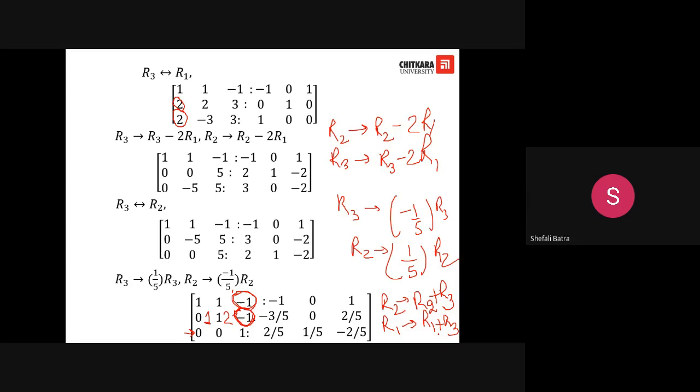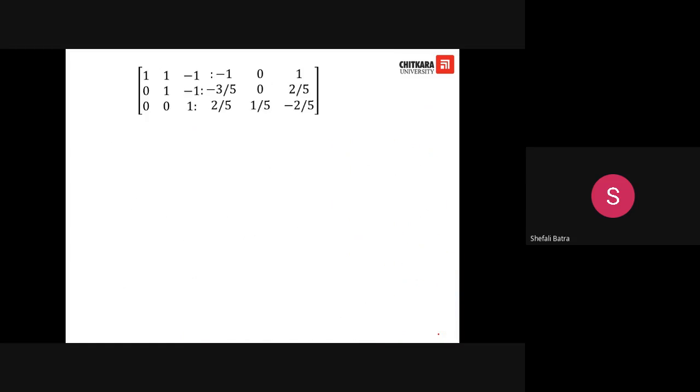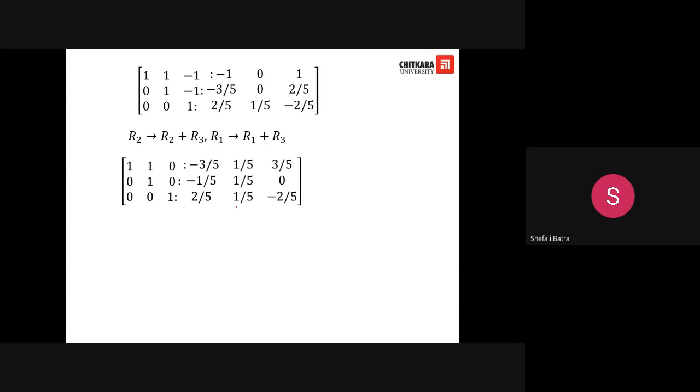Apply these operations, and after that you will get this 0 and this 0. Correspondingly, you apply it here also. So you will get these entries: minus 3 by 5, 1 by 5, 3 by 5, minus 1 by 5, 1 by 5 and 0.